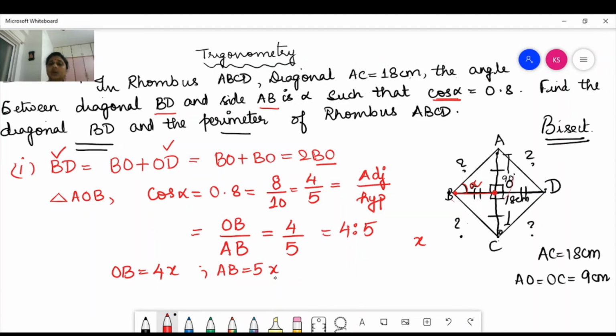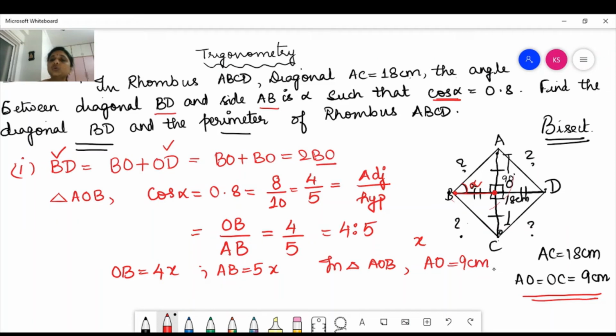Now, how are we going to find this X out? That's the question now. Do we have anything that we know about this triangle? Of course, yes. In triangle AOB, we know the measure of AO. Look at this, we have found out AO is 9 centimeters.